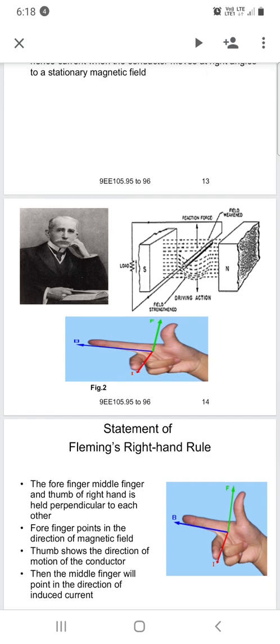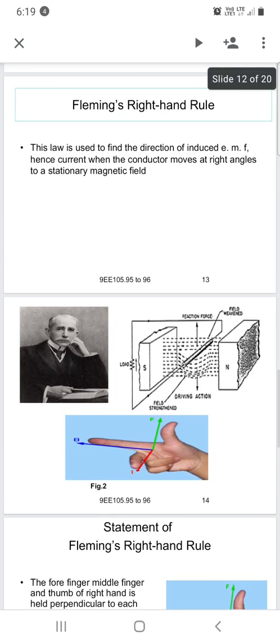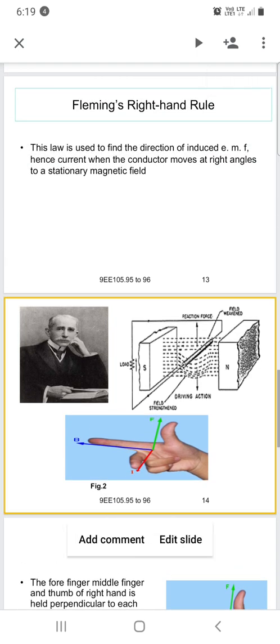So if the conductor is placed in the magnetic field, we have to discuss now what the direction of motion is, what the direction of field is, and what the direction of current is. By using this law we find the direction of induced EMF, hence the current, when the conductor is moved at right angles to the stationary magnetic field.